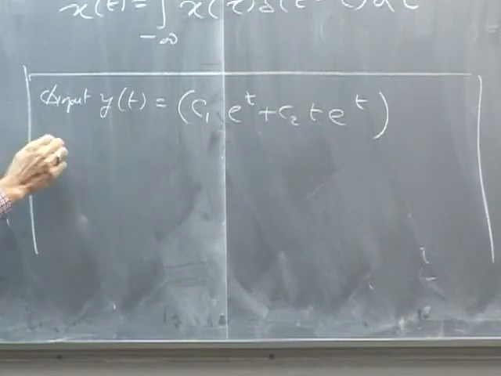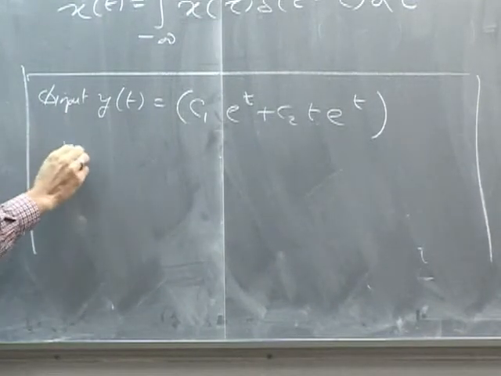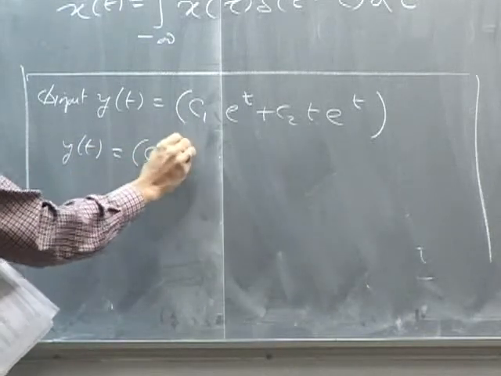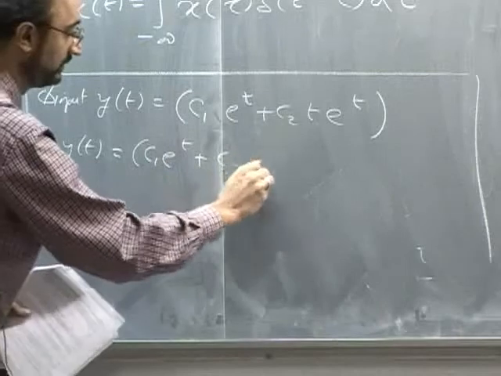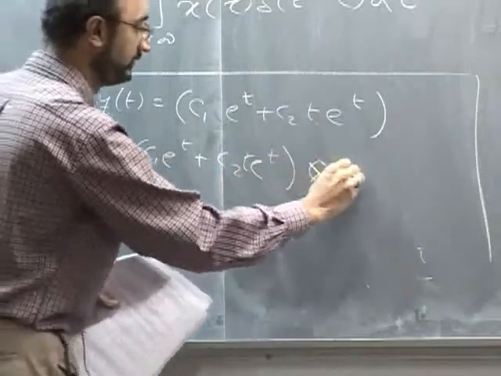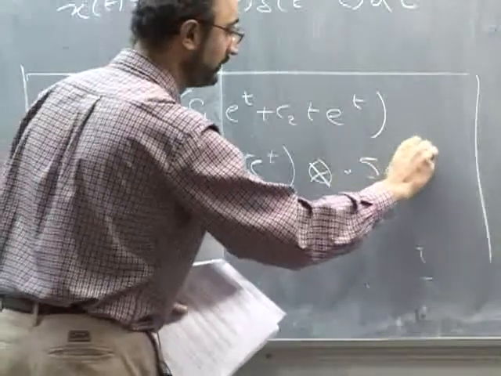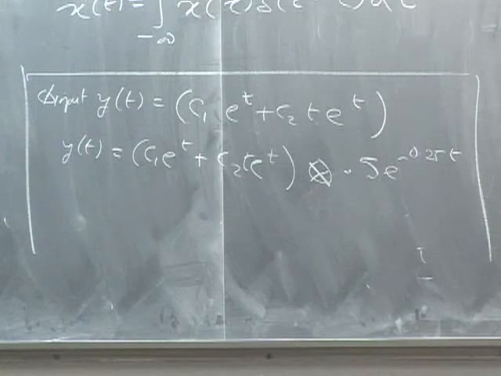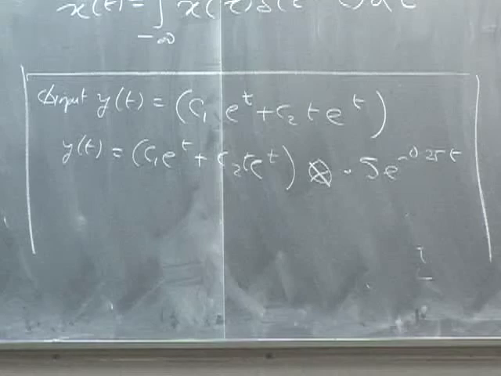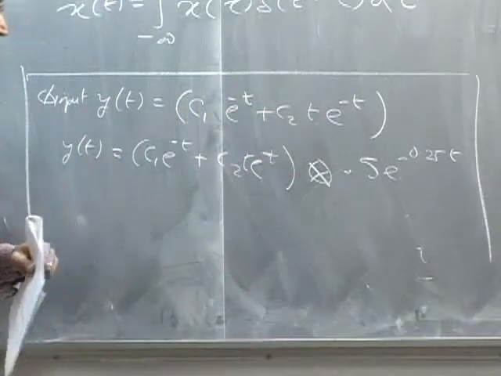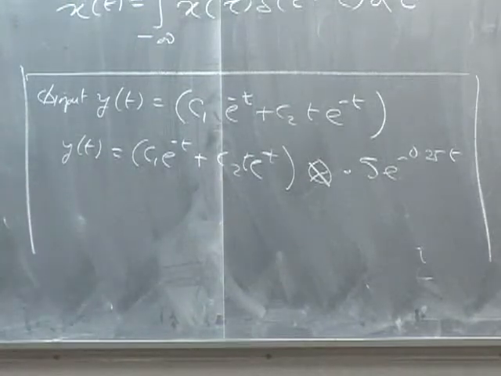So therefore the output for this input is going to be yt equals C1 e to the t plus C2 t e to the t convolved with 0.5 e to the minus 0.25 t, because that's the input. Beg your pardon? E raised to power minus t. Minus t, sorry. Yeah, that's right. So the minus t. That's the answer to the first homework question.